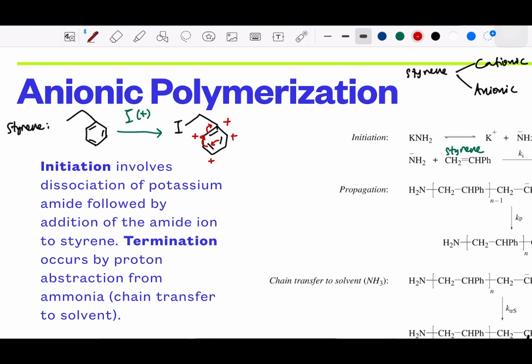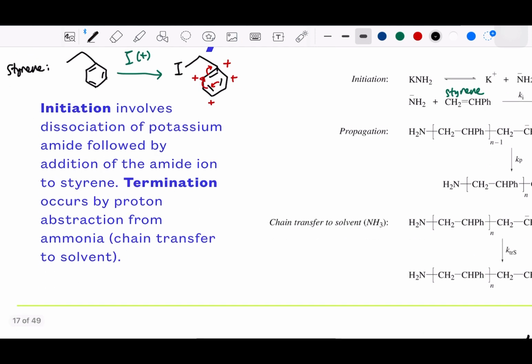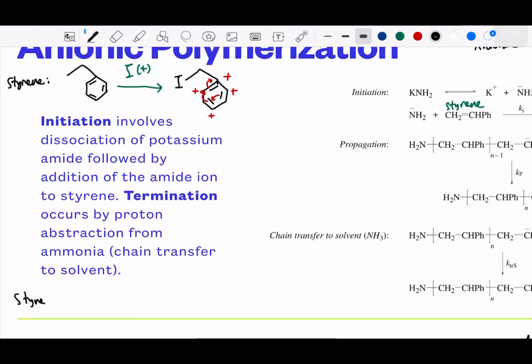So we have a cationic case, or we can also have styrene prepared from the anionic.